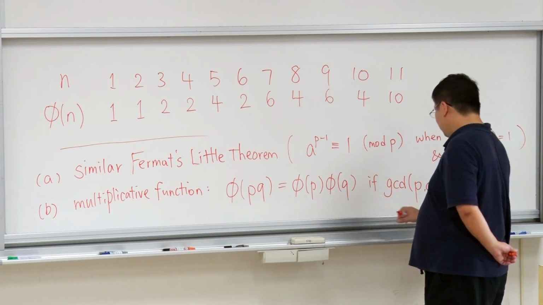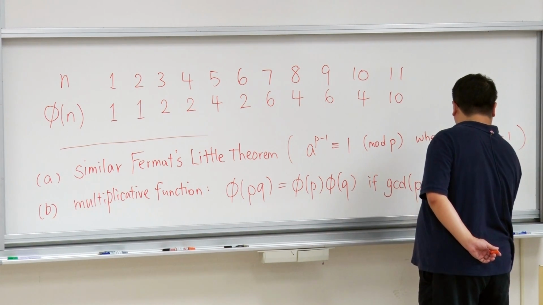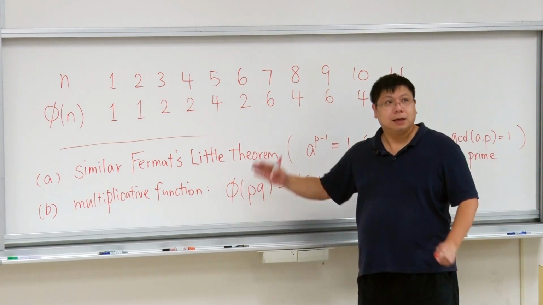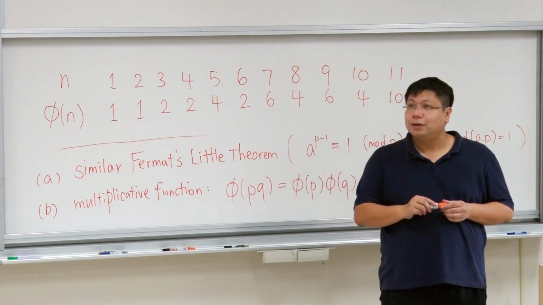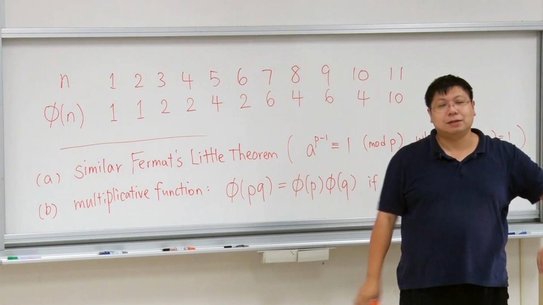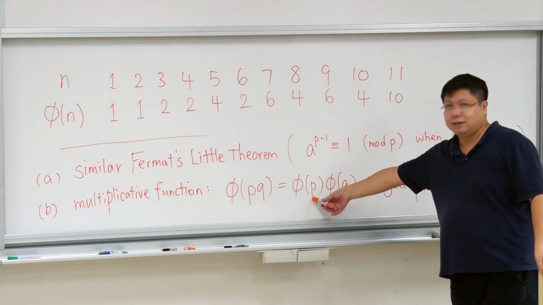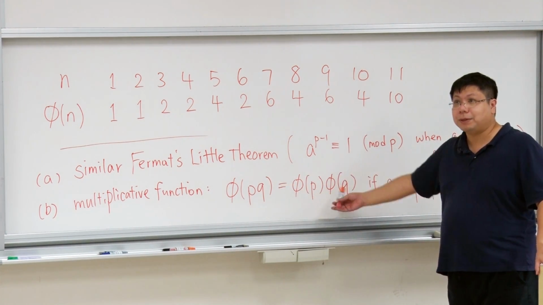So whenever a number can be chopped into 2 different parts, each part is coprime, then phi pq is equal to phi p times phi q.